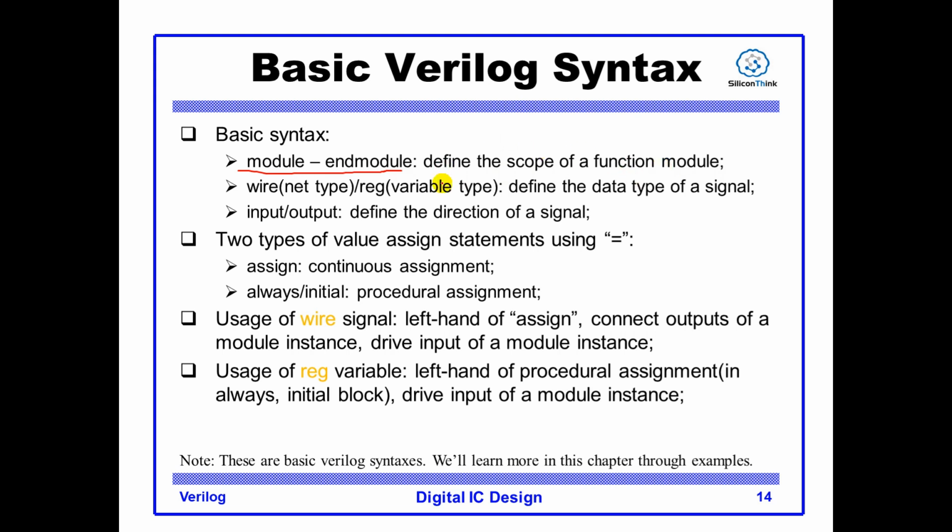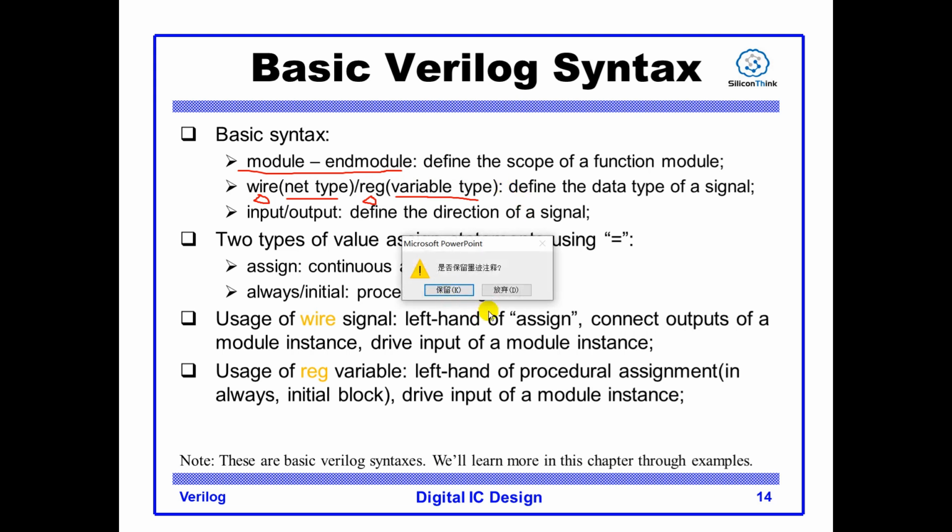In Verilog, there are usually two different types of signals: net type and variable type. The keyword wire is used for net type, while the keyword reg is used for variable type.